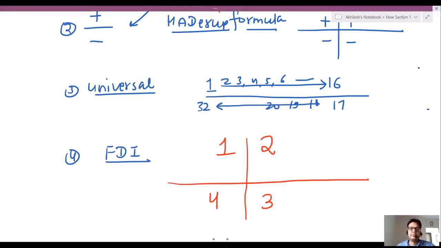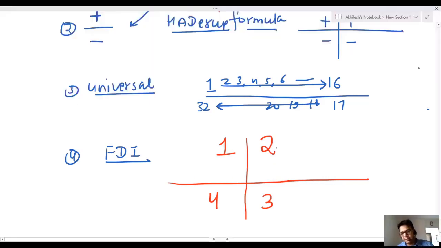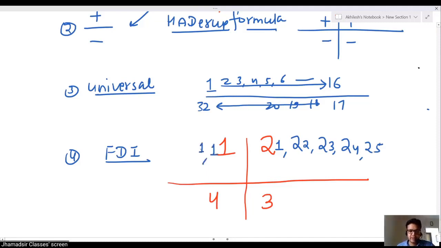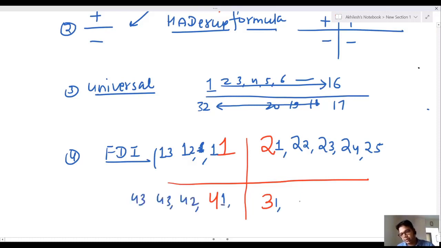Now, sir, here also you write down 8. But the first digit will be the quadrant number: 2 1, 2 2, 2 3, 2 4, 2 5, 1 1, 1 2, 1 3, then 4 1, 4 2, 4 3, 4 4, 3 1, 3 2, 3 3, 3 4.